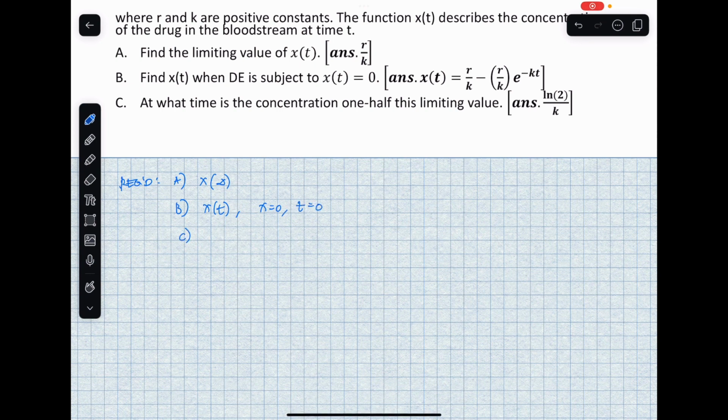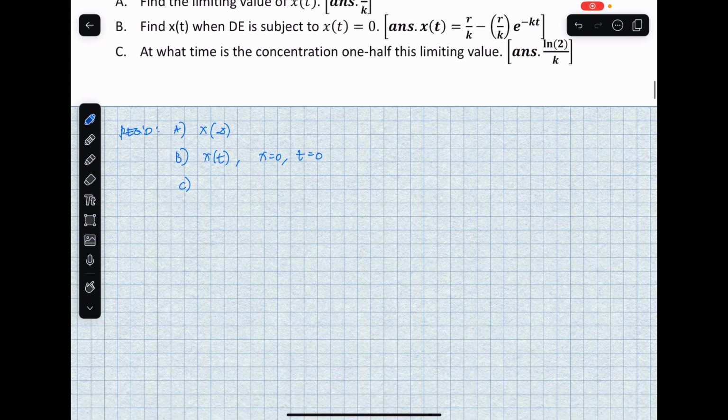And lastly, at what time is the concentration 1/2 this limiting value? If the limiting value is x of infinity, what would be the time when we have half of the limiting value?